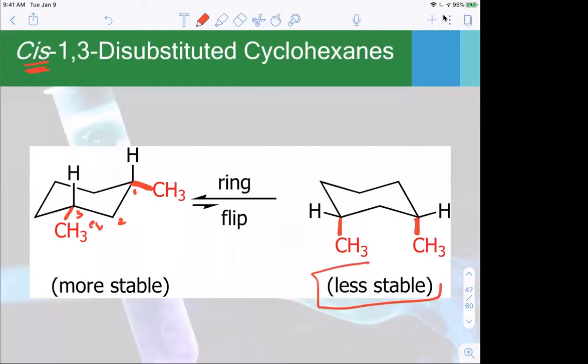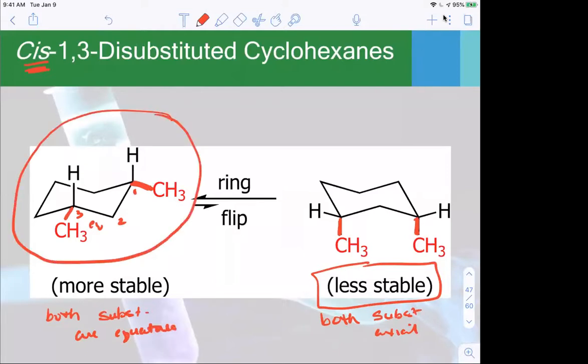Both of these are axial, right? So that's less stable. Both substituents are axial. Here, both substituents are equatorial. So this is much more stable than this guy here.